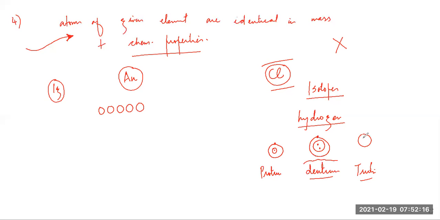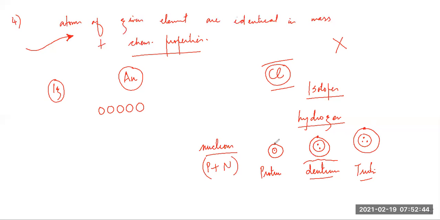So very interestingly, you have one proton and two neutrons. Wonderful. So the total number of nucleons, what are nucleons? Nucleons means protons plus neutrons together. We say the nucleons are 3, and the electron is again 1.